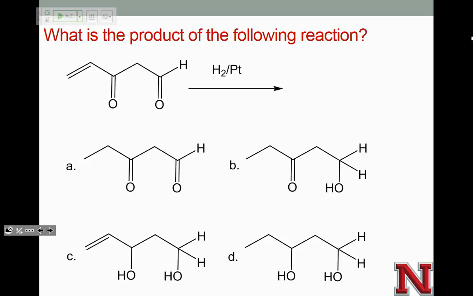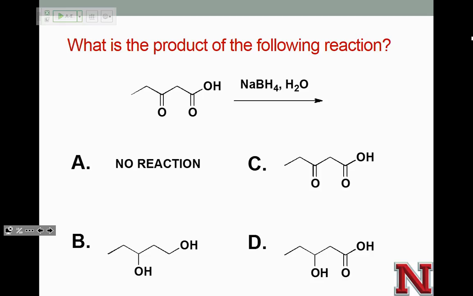So looking at these from last week, here we have H2, platinum, palladium, or nickel. This is platinum. That's going to reduce all pi bonds. So we're going to reduce our carbon-carbon pi bond, our ketone, and our aldehyde. We're going to reduce all pi bonds.